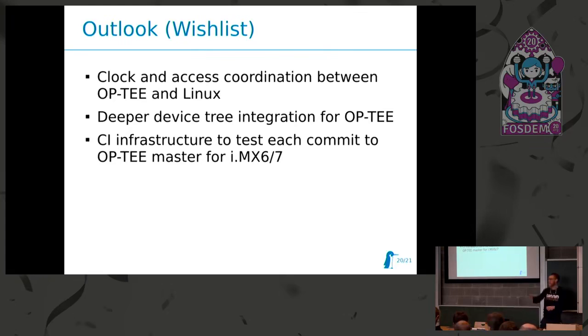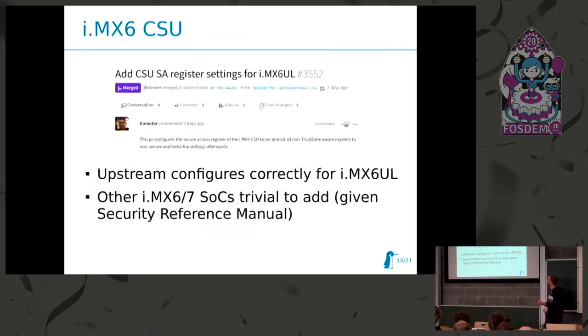Other questions? Yes. Did you try any DMA attacks on i.MX6, and if yes, how did that go? No, I did not yet. I just got this merged two or three days ago when I did the talk, and I still have to verify that these DMA accesses are now forbidden.